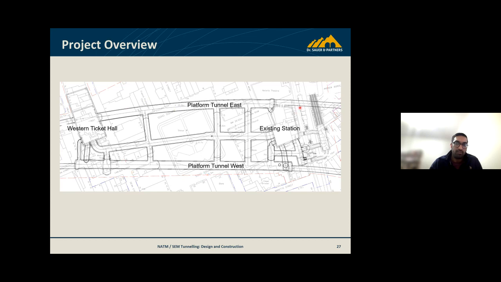And the platform tunnels were created in SEM as well, along with all of the other tunnels that you see here. Some of them included fairly complex geometries going above and connecting into the platform tunnels for ventilation, escalator tunnels and things like that as well. So yeah, a fairly interesting job.